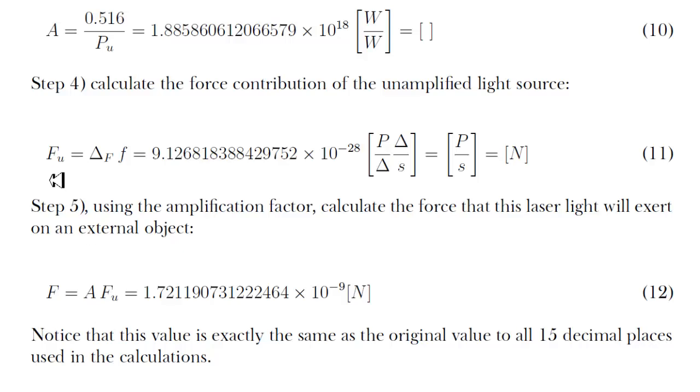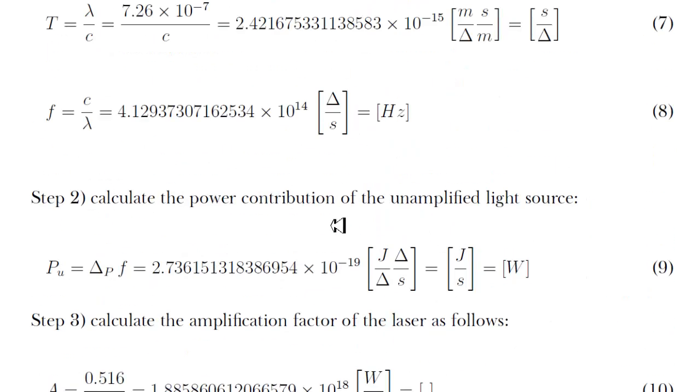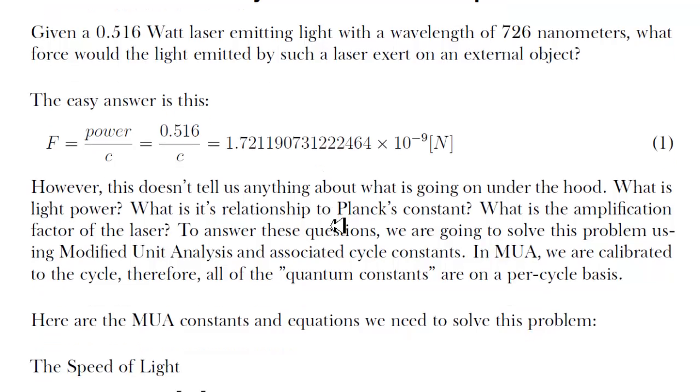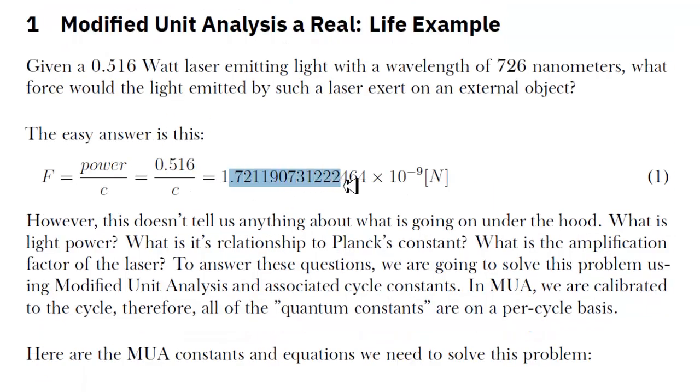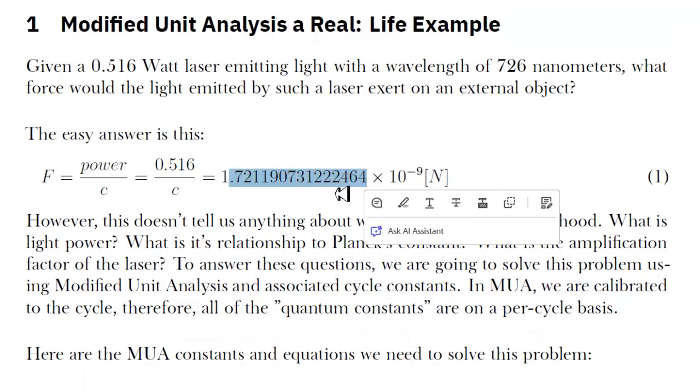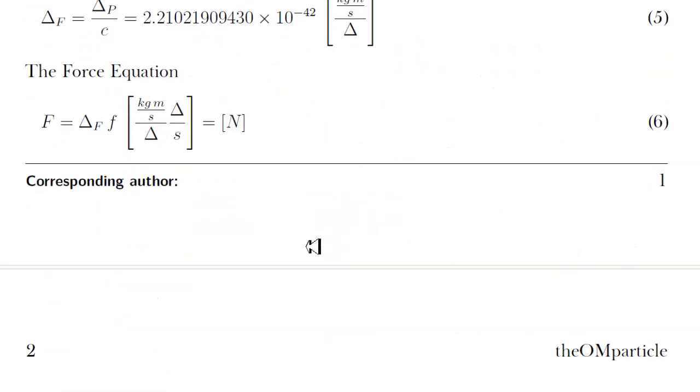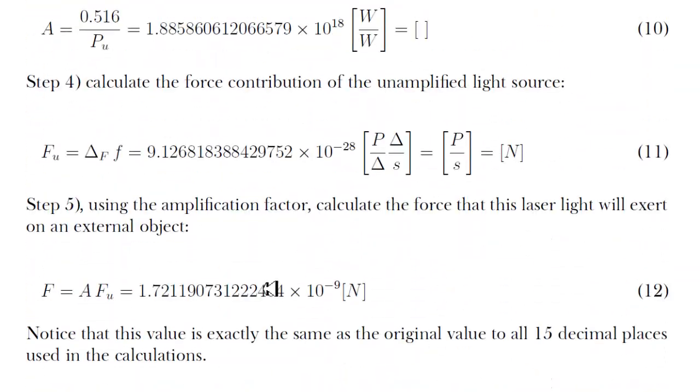So we're going to take F sub u, or FU if you may, and multiply it by the amplification factor, and we get 1.71190 times 10 to the minus 9, which is exactly the same value that we calculated to all the digits of precision. It ends with 2464, and this ends with 2464. It's exactly the same number to all the decimal places used for both calculations.